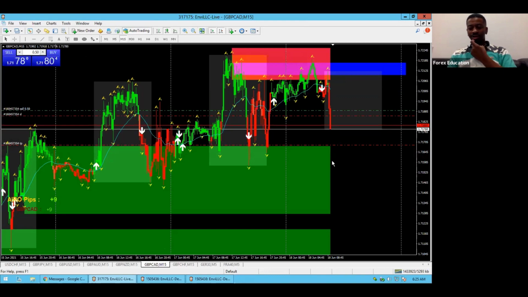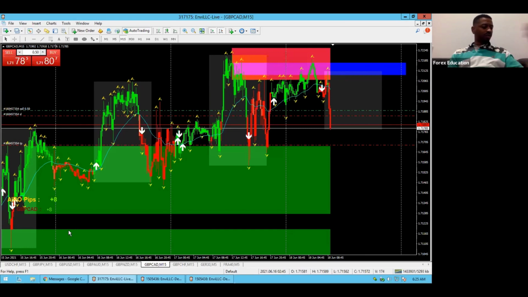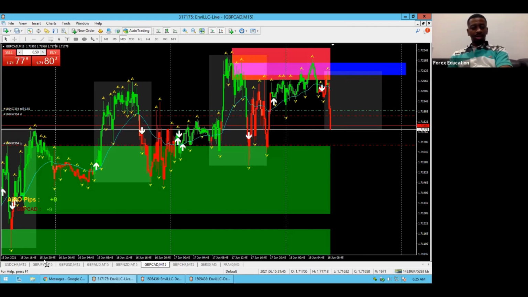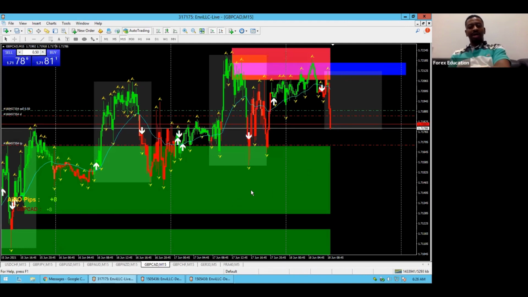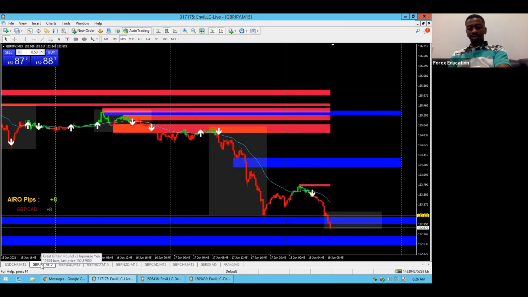We got 5 minutes into the new candle. If you're happy with your 10 pips, take them. If you're happy with it, take it. I'm feeling good. So I'm gonna try to hold it for the full 20. That's why I locked in 3. If it comes back and hits me, not bad. I've already got 20 from GBP NZD earlier, so we're gonna keep it rolling.